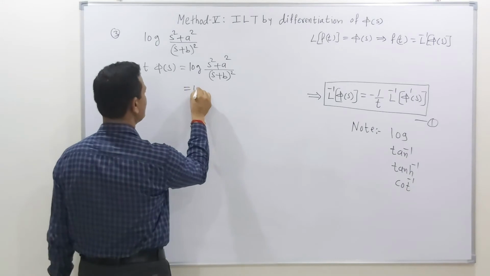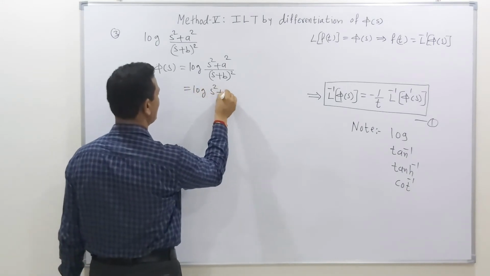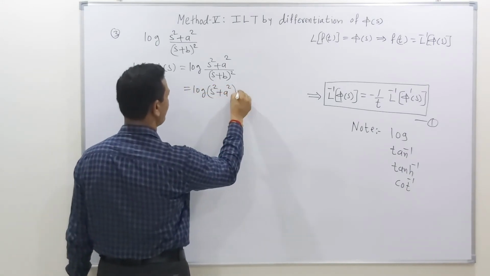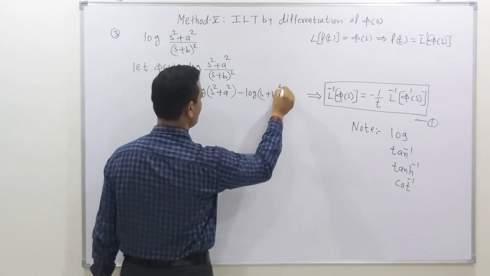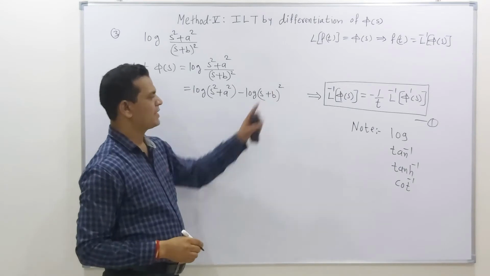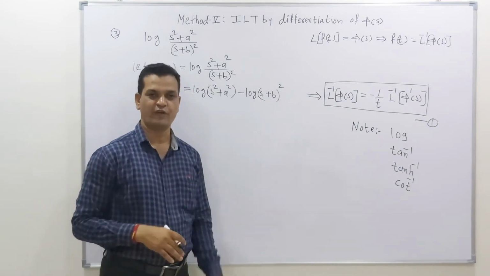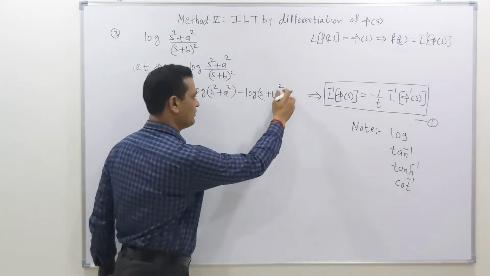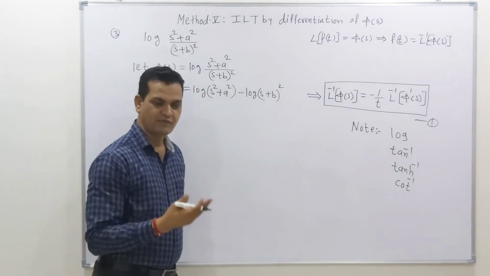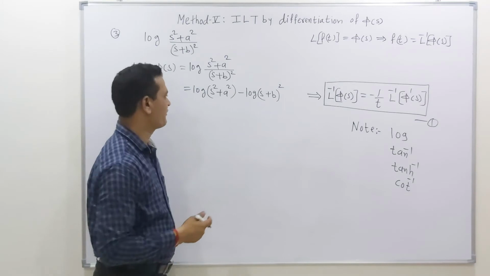We can write this as log of s square plus a square minus log of (s plus b) whole square. Now here the square term is there, which will create complications for finding the derivative.